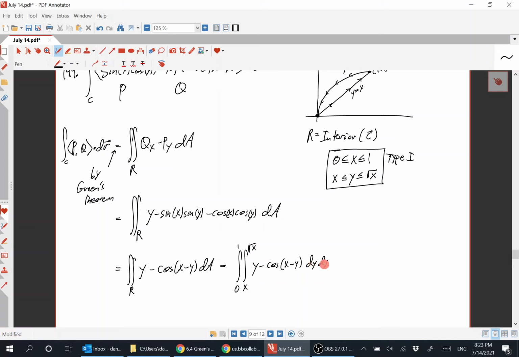So this is dy dx. So the antiderivative with respect to y is 1/2 y squared minus the antiderivative of the cosine, which is minus sine, then you're going to negate it. So it's plus sine x minus y from y equals x to y equals root x dx.